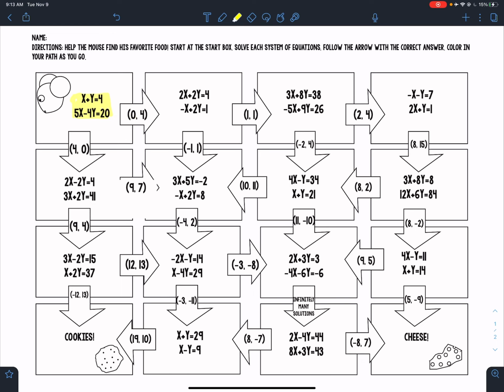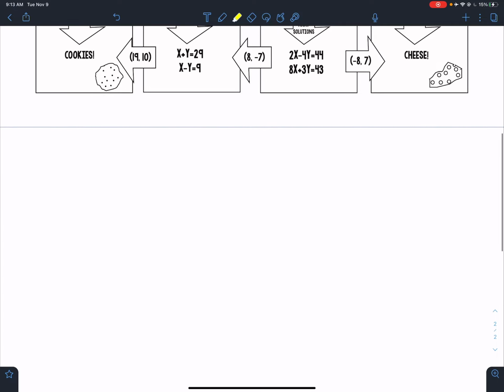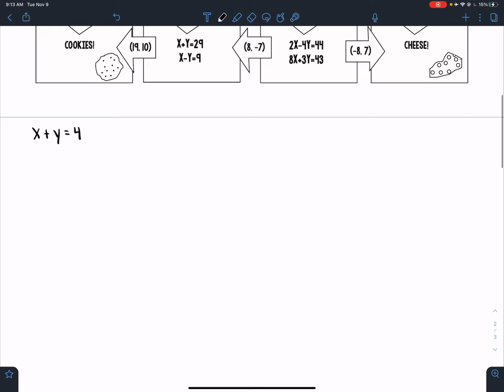So I'm going to go ahead and write this equation, x plus y equals 4, and 5x minus 4y equals 20. Make sure that as you're doing this on a separate sheet of paper, you do keep it organized.